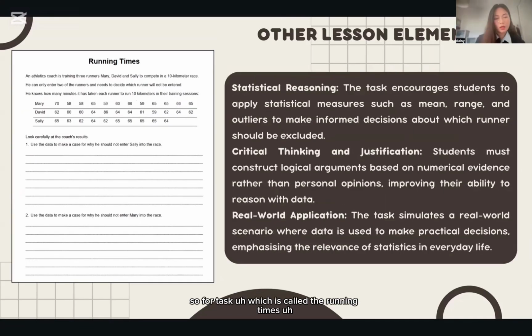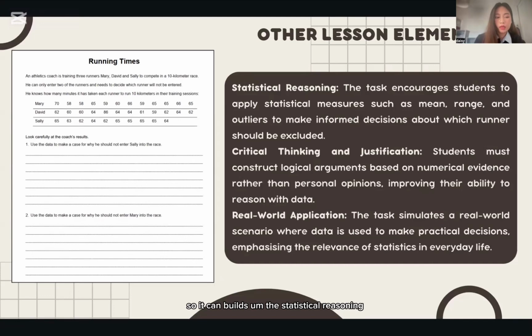So for this task, which is called Running Times, this asks students to have a coach decide which runner not to enter in a 10-kilo race. They are given real training times for the three runners, Mary, David, and Sully. And the question requires that they use the data to make a decision.